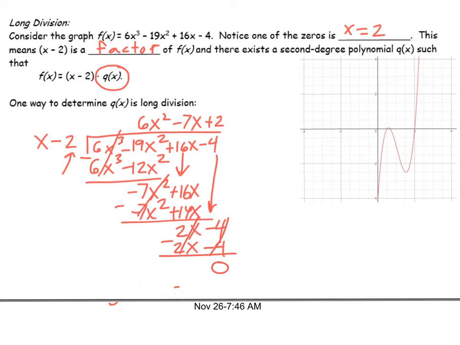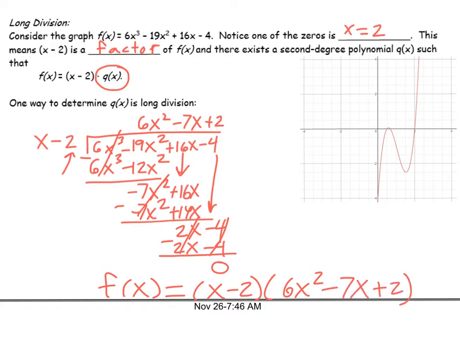I'm going to go back and just write f, because here's how we were originally thinking about the problem. We took out the factor of x minus 2 because it had a zero at 2. That second degree polynomial that was left is 6x squared minus 7x plus 2.